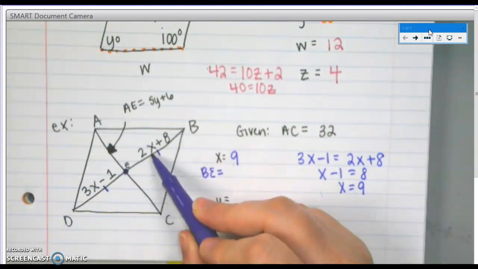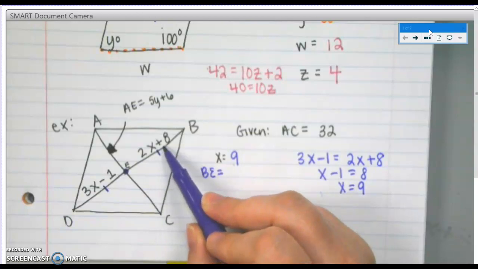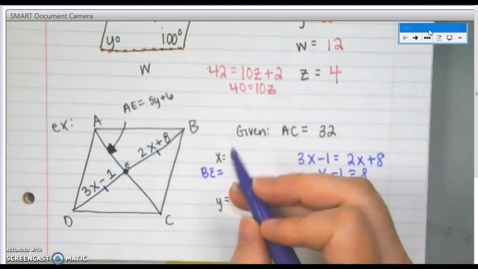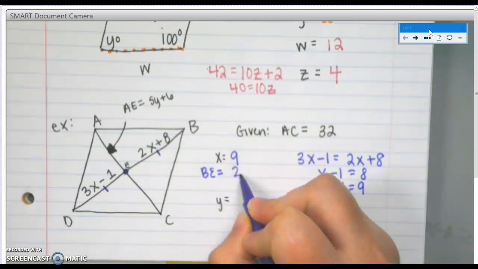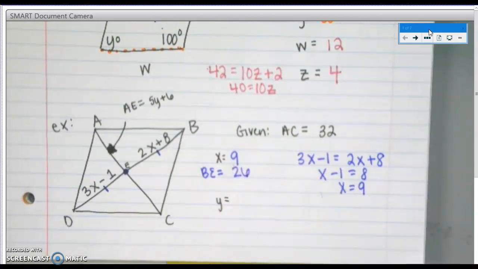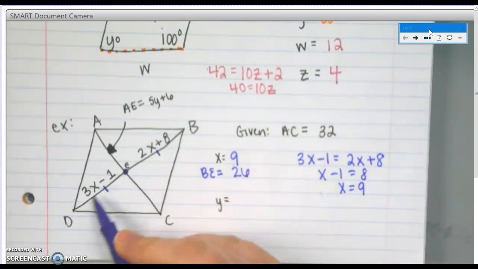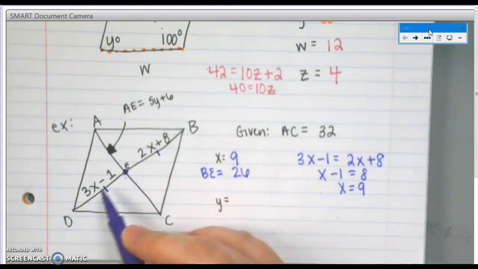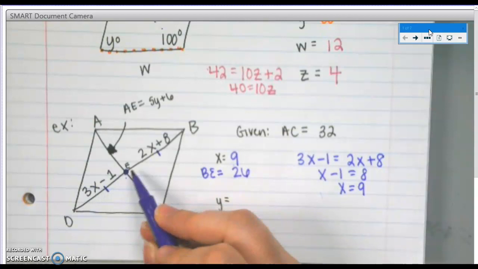So 2 times 9 is 18. 18 plus 8 is 26. So this should be 26 as well. And it is. 3 times 9 is 27. 27 minus 1 is 26.